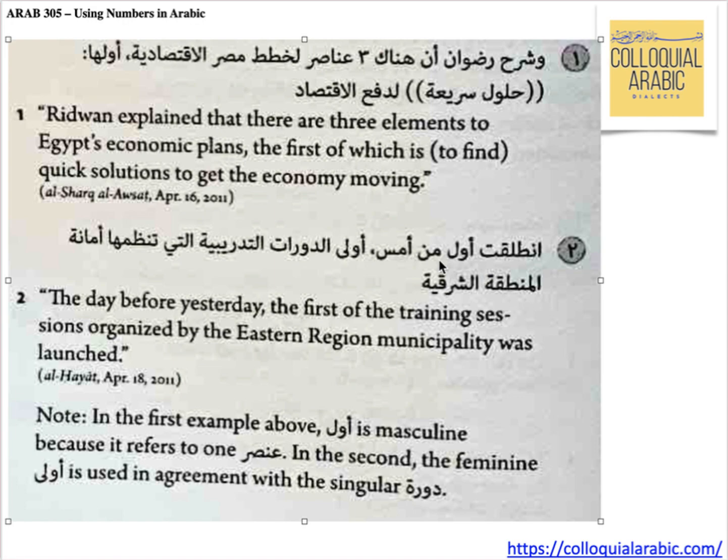So again, the use of two: awwal min ams and ula. So first, before yesterday, again definite here, and then ula ad-dawrat at-tadribiya. Both are definite and then ula because they are feminine here. Note in the first example, awwal is masculine because it refers to one, and in the second, the feminine ula is used in agreement with ad-dawrat. That's what we just explained.